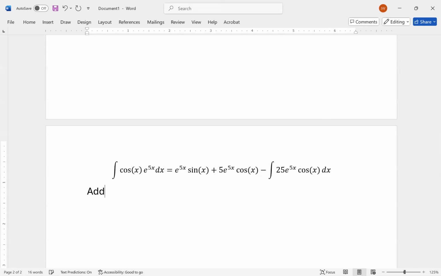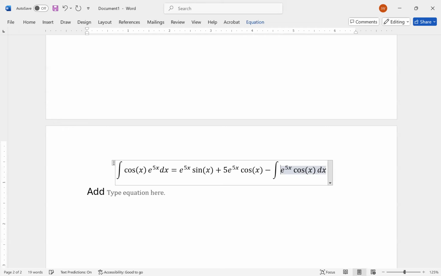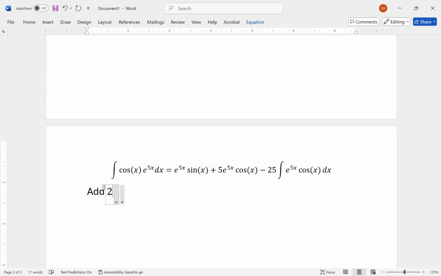And then we're going to add 25, because I can factor out this 25 and pull it out front. So I'm going to add 25 times the integration of e to the 5x times cosine of x to both sides.